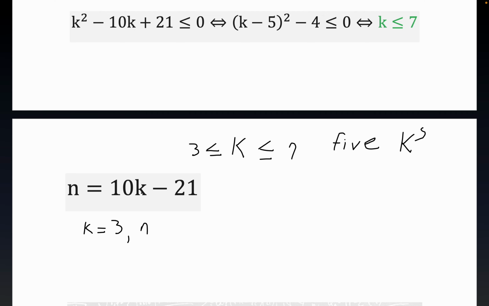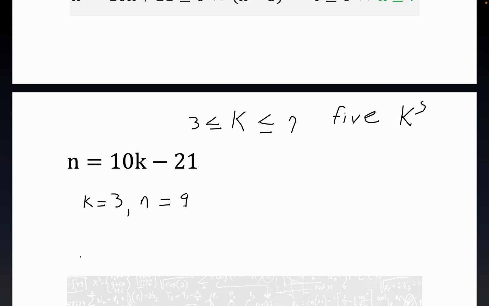If k is equal to 3, that's 30 minus 21, so n is equal to 9. Let's see, k equals 4. And you know they're going to go up by 10, so you don't have to do any more calculation, right? So this would be n equals 19.